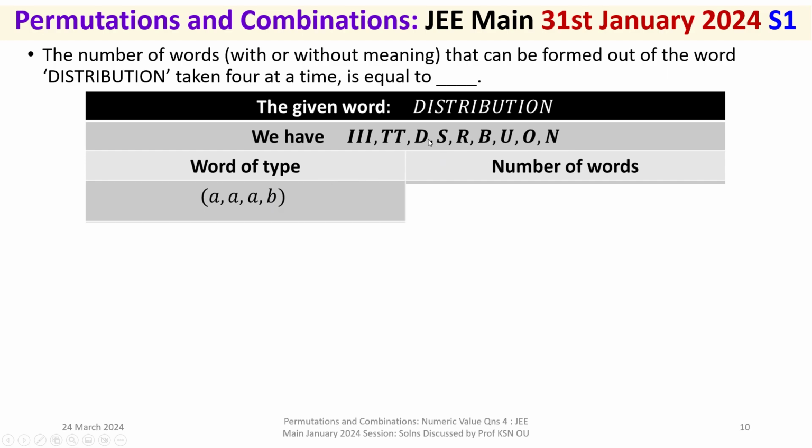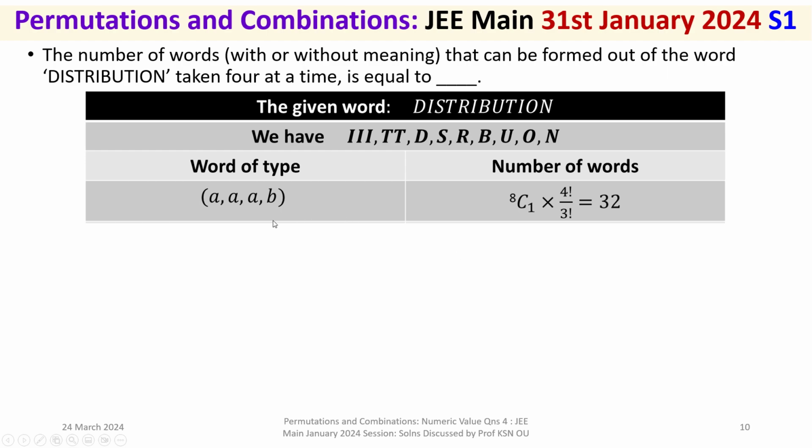How many? 1, 2, 3, 4, 5, 6, 7, 8. So B can be taken in 8 possible ways, that is 8C1. B can be chosen in 8C1 ways. But it is a word of length 4 in which 3 letters are alike. Therefore, the number of words will be 8C1 multiplied by 4 factorial by 3 factorial. So it is a 4-letter word and 3 letters are alike, so this is 32. We are using the product rule again.